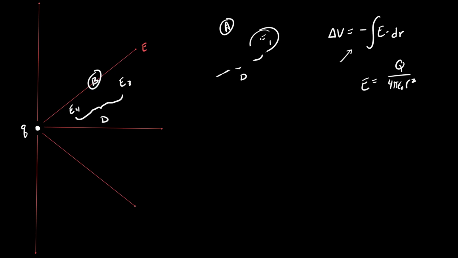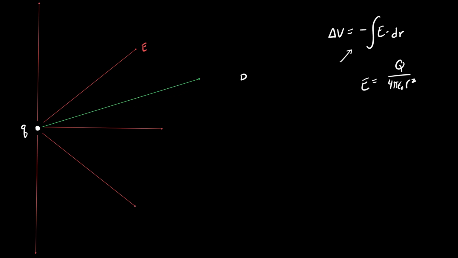Now, to do this math, I'm going to need some placeholders. And you'll forgive me, but those placeholders I want to make a different color. So let's say this is R1 and R2. And we're going to go here to here.